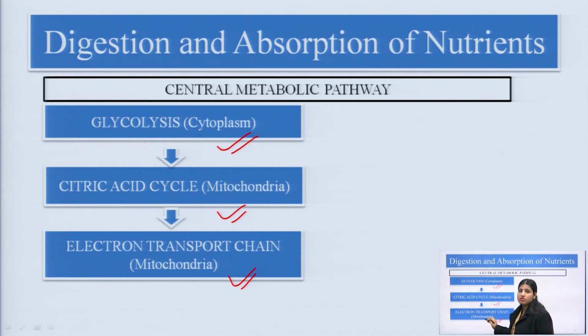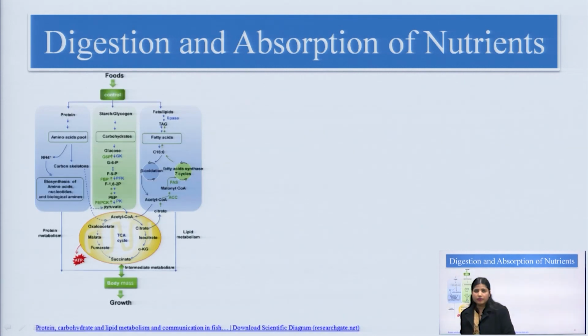These are the three processes going on. Glycolysis takes place in the cytoplasm of the cell, whereas the citric acid cycle is in the mitochondria, and the electron transport chain is in the mitochondrial matrix. You will see this diagram and get to know about this.